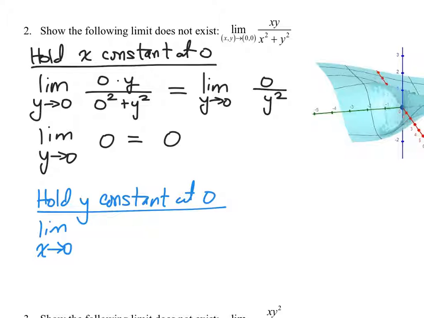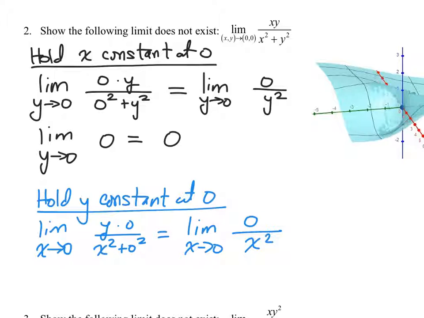Y is the thing that's constant. So y times 0 over x squared plus 0 squared. All right, so just like the previous one, that's going to be the limit as x approaches 0 of 0 over x squared, which is the limit as x approaches 0 of 0, which is 0.